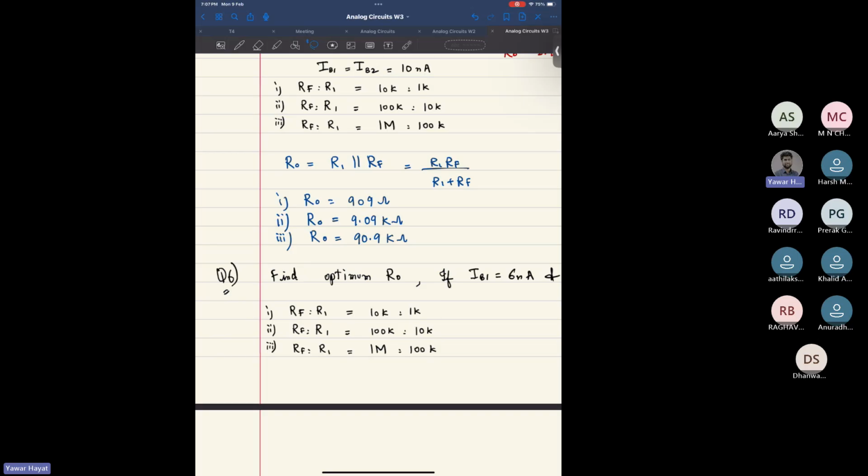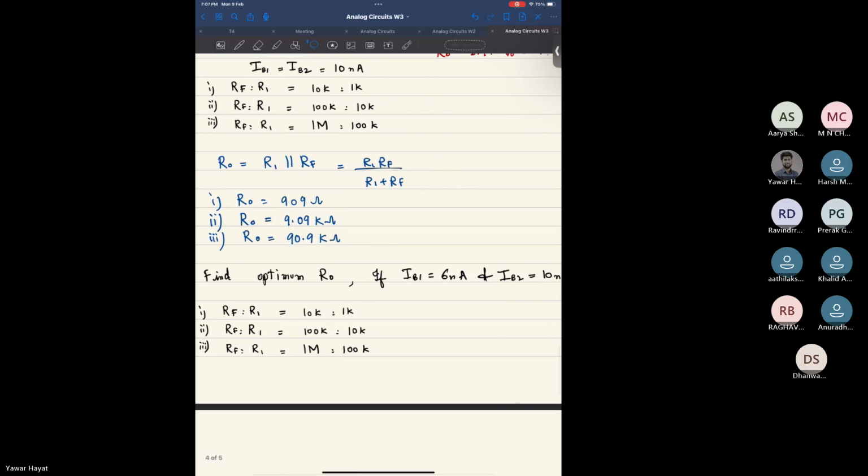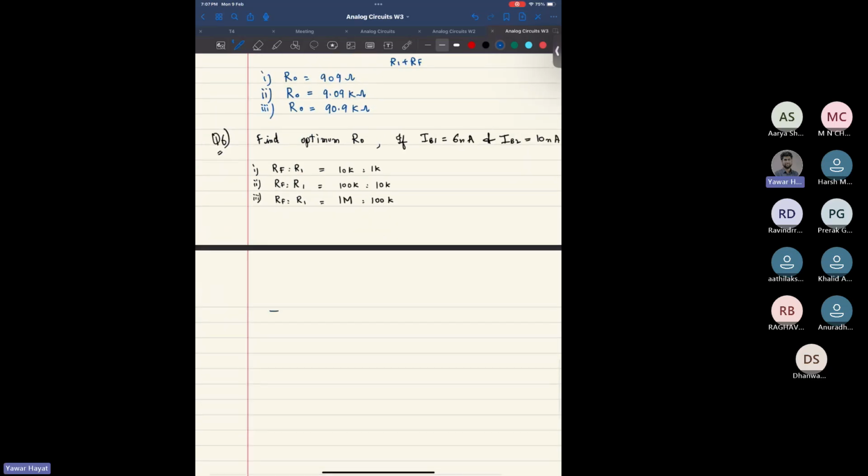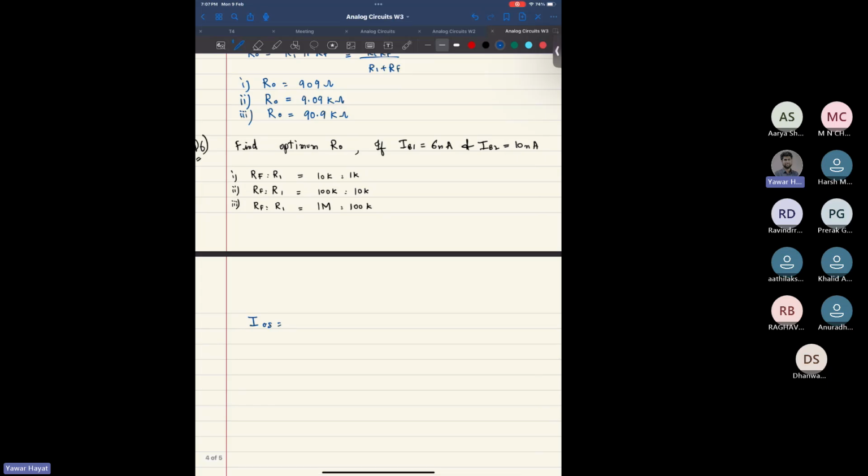Okay, now we need to find three values of R naught. Okay, so how shall we proceed on this one? Now the difference is IOS, which is the difference between IB1 and IB2, that is 4 nanoamps, right? And your V output, that would be IOS times your RF, right? And now we'll have three cases, right?